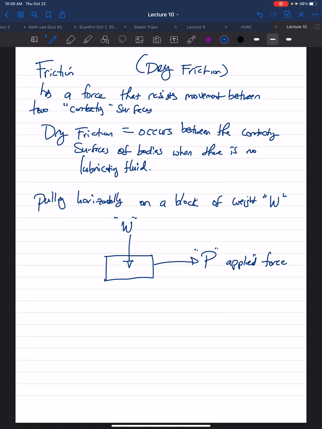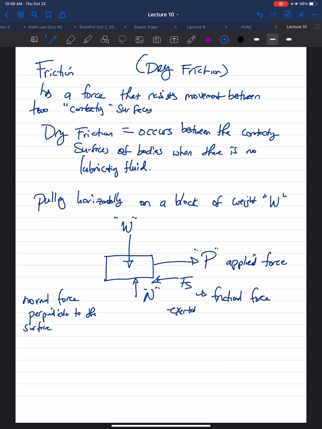So then the floor exerts a normal force. Remember, normal means perpendicular to the surface. And also a frictional force, F sub S, frictional force exerted by the floor.